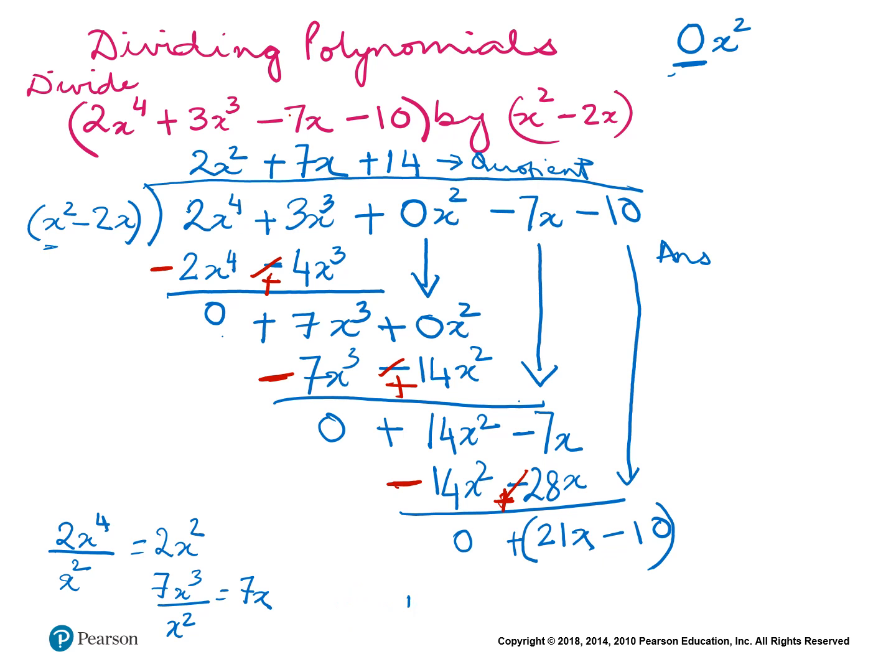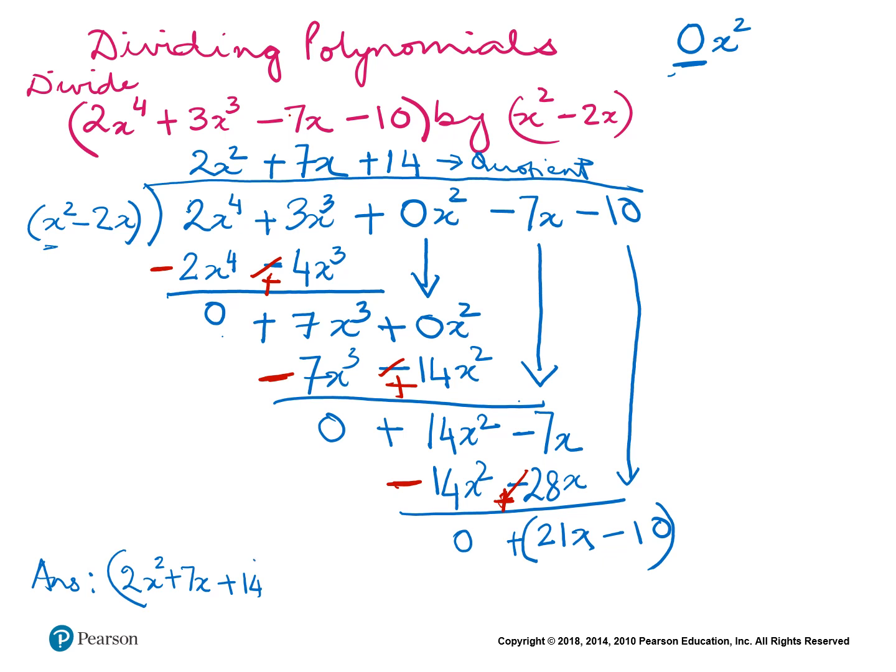I need some space to write the answer in a single line. The answer is the quotient, which is 2x squared plus 7x plus 14.